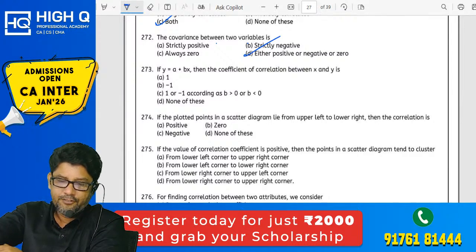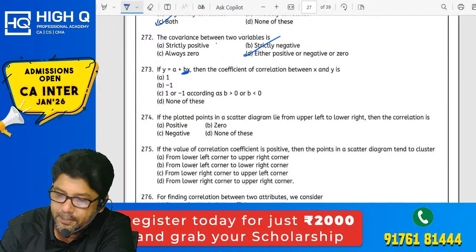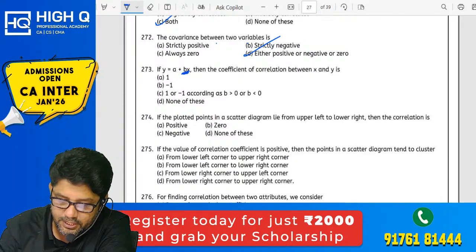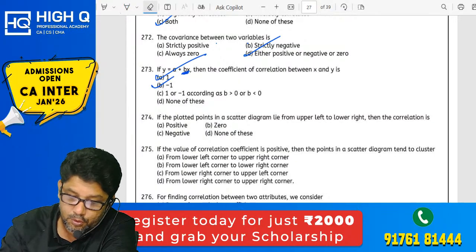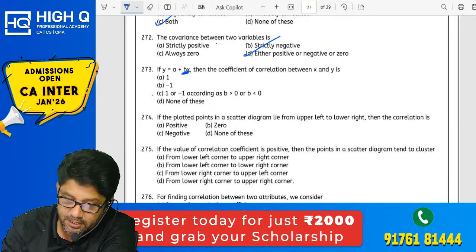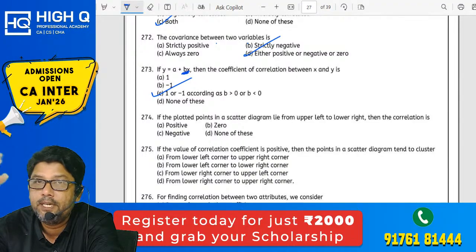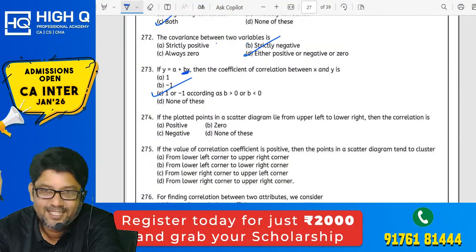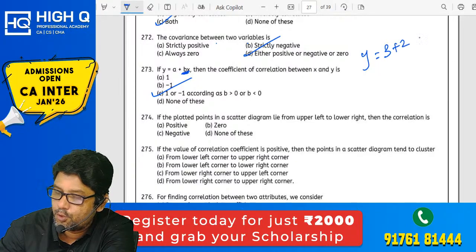Now, if y equal to a plus bx, then when b is more than 0, r is 1, and when b is less than 0, r is minus 1. So here the definition is it is 1 or minus 1 according to b more than 0 or b less than 0. For example, y equal to 3 plus 2x.